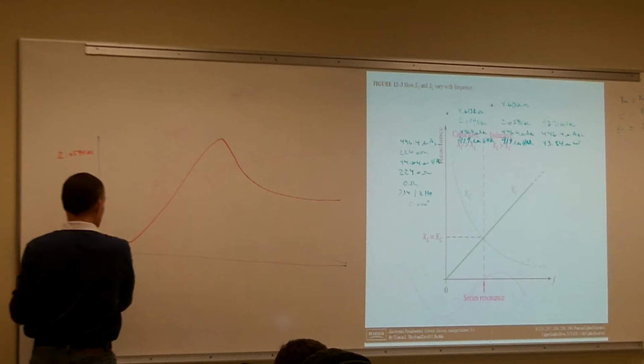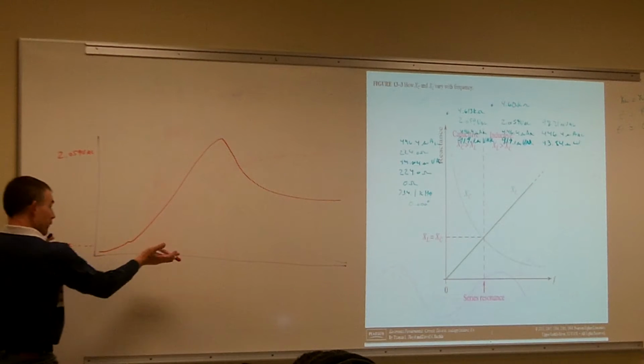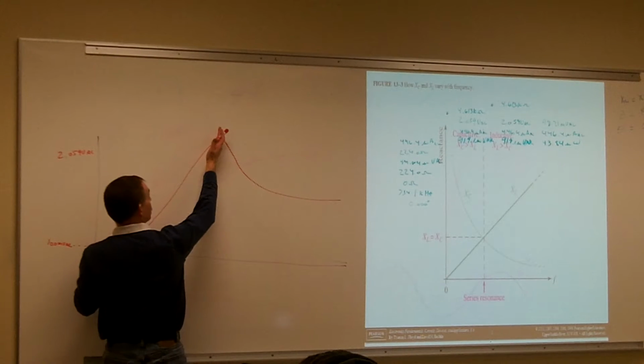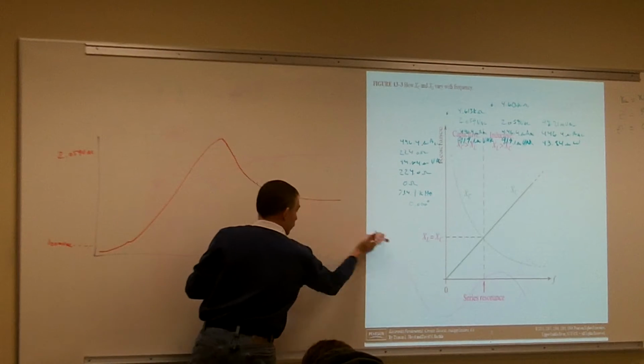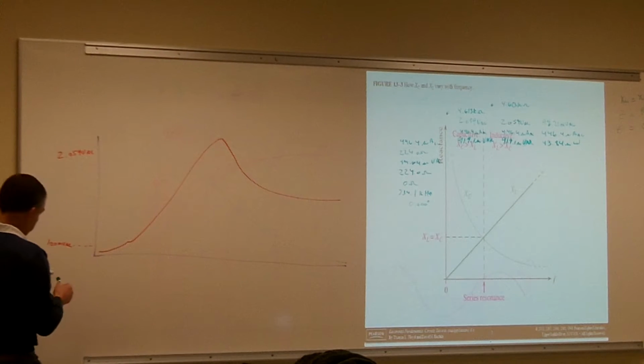Depending on if I keep on increasing my frequency, my voltage of my inductor is going to go way up to the 2.059, and then it'll eventually get down to my 100 millivolts again.